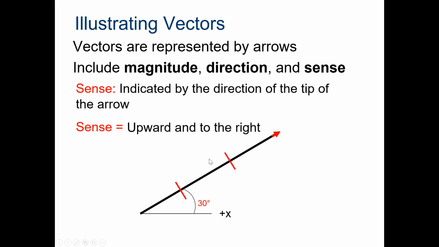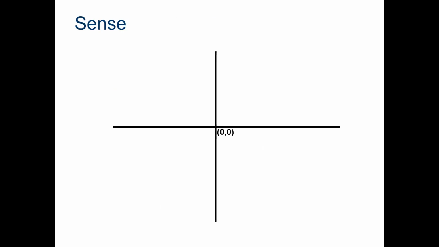The big question you want to ask yourself with regards to sense is to look at where you started, where you're going, and how you get there. In this example, you will see the force vector in red, and you will see the sense. How do you get to the tip of the arrowhead?